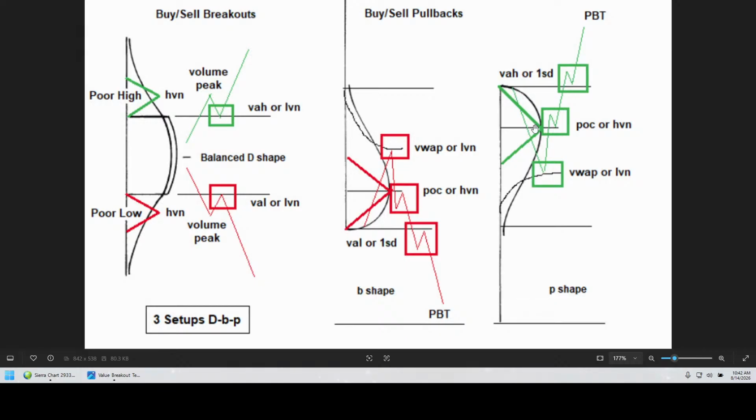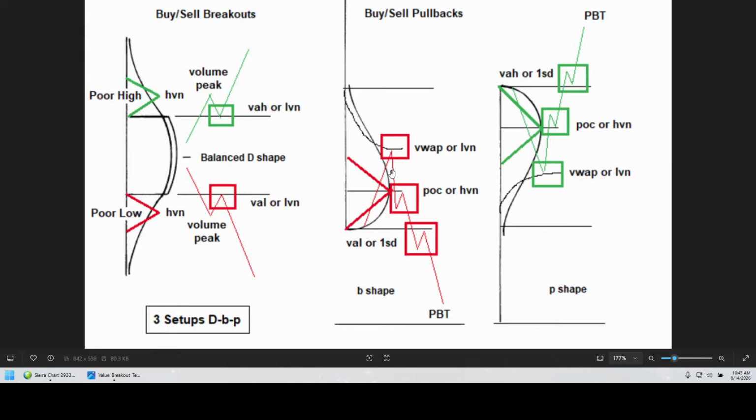Okay. If we were to get that to a D-shaped profile, a delta-shaped profile, like the one on the left, it would be drawn out such that it would look like a D-shaped profile. So that target, the PBT, would be the end point of the delta-shaped profile to the upside.